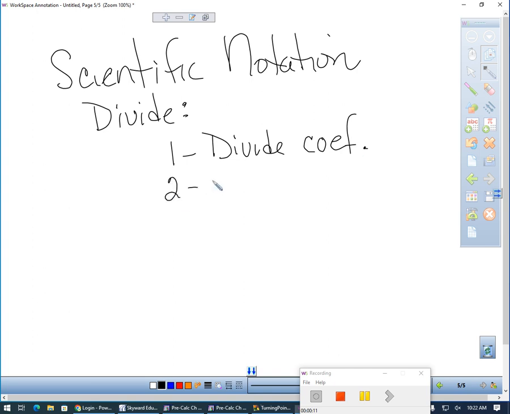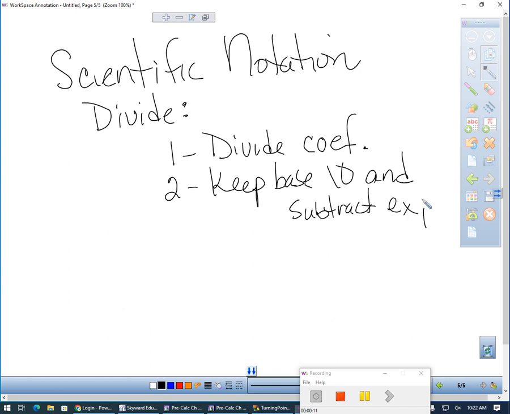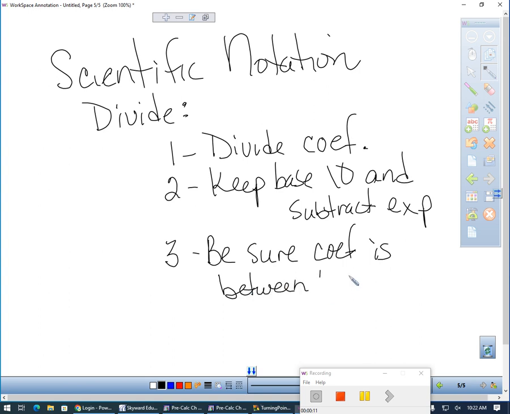Step 2, keep base 10 and subtract exponents. Step 3, be sure coefficient is between 1 and 10.